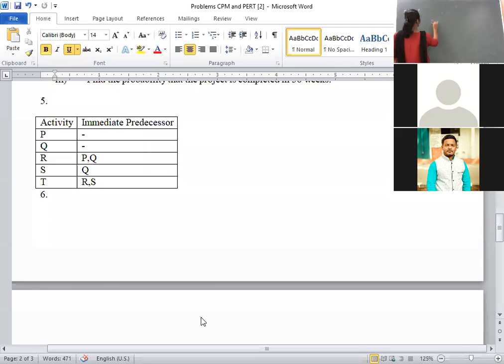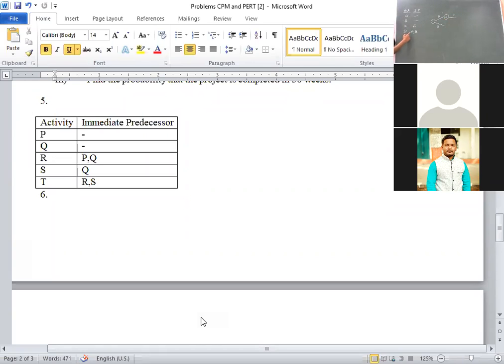Always, the node always starts with 1. Here, how we will draw? A doesn't have any preceding activity. Similarly, B doesn't have any preceding activity. Here, listen. A is completed, then only C. Correct? Right now, what we will do? We will complete the node A. A is completed, then C. Correct? The activity is C.